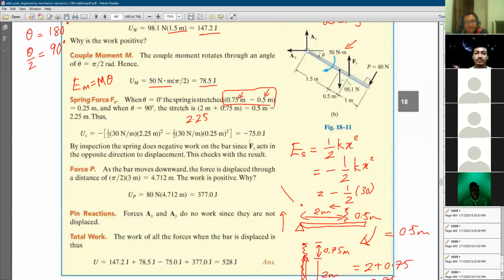So that's why if you put the 2.25 into this, it should be the same. Why this minus 0.25? I'm not so sure.